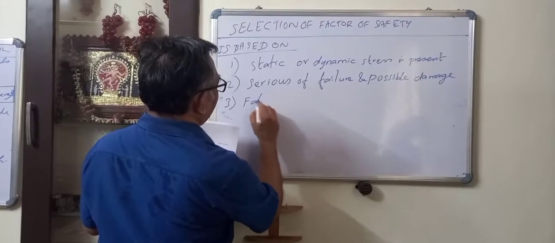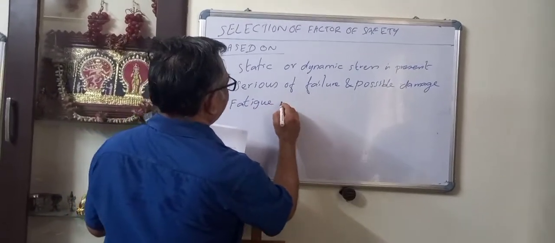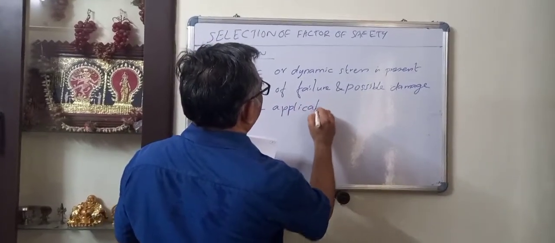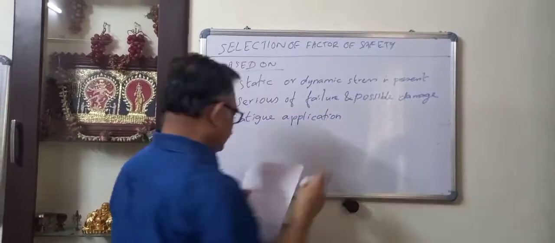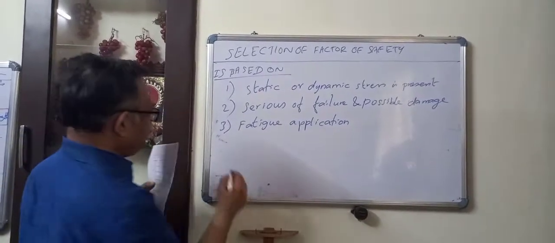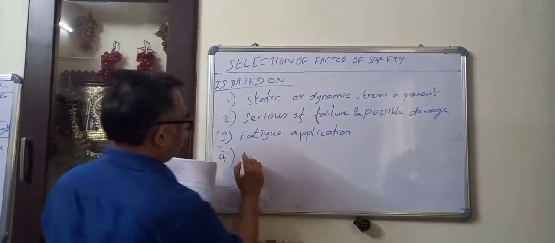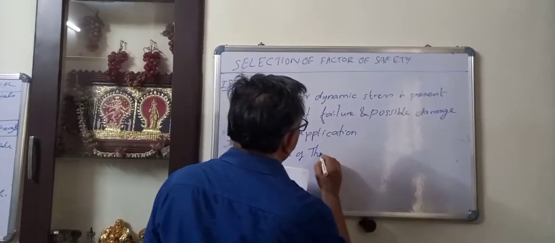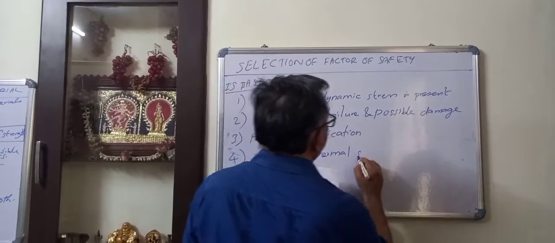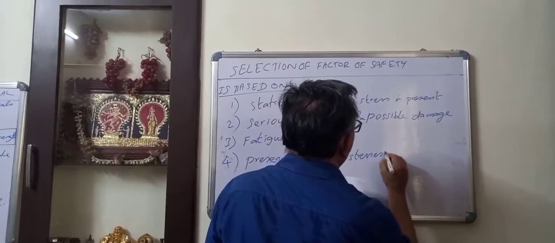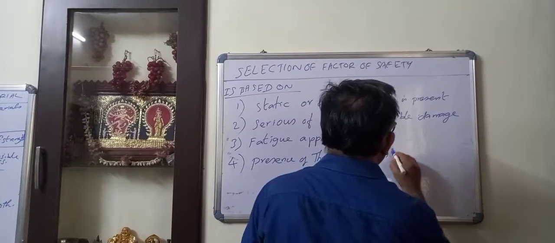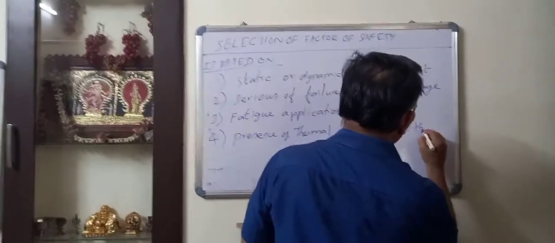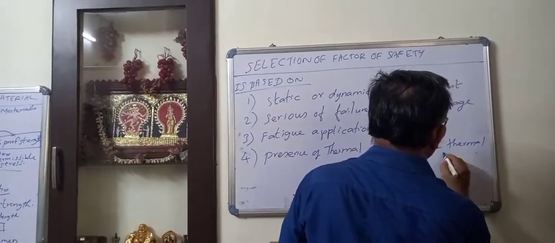Number 3, fatigue. If a particular application involves fatigue, shows fatigue behavior, then the factor of safety will be different. Number 4, the presence of thermal stresses and cyclic thermal stresses.